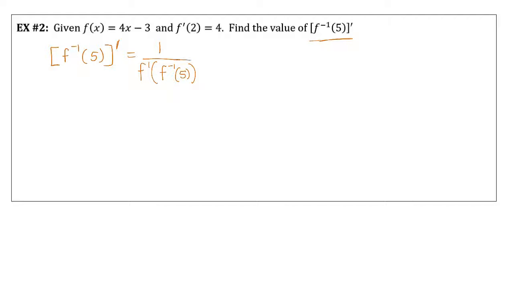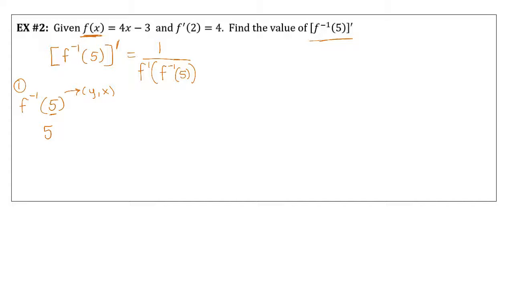So we need to first find f inverse of 5. That's our first step. Now, we're not given the inverse function. We have two options. We can find the inverse function, or since I know this inverse function changes our x and y, instead of substituting in 5 for x, I can substitute it in for the function.